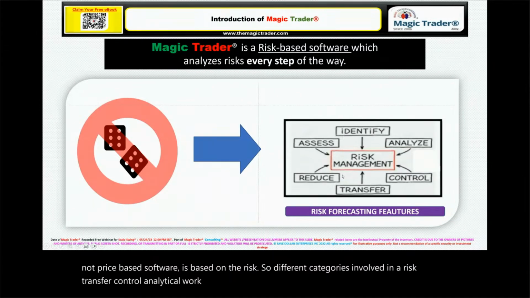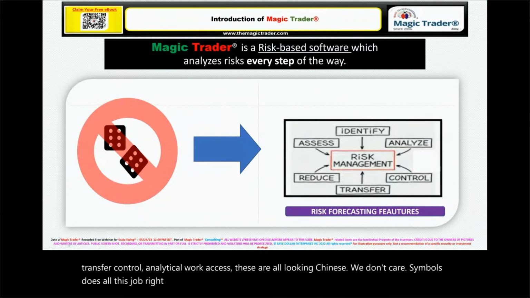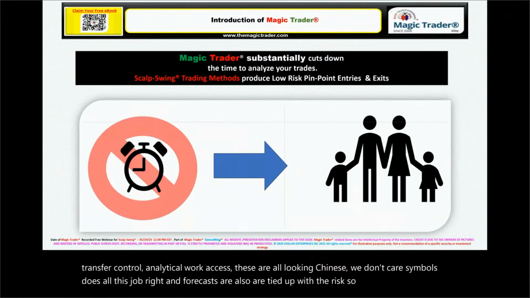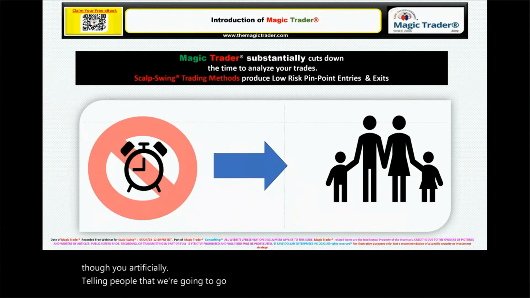These are all looking Chinese, but we don't care, the symbols do all this job. And the forecaster is also tied up with the risk. So forecasting, even though you're telling people we're going to go bearish or we're going to go bullish, also has risk factors with it.